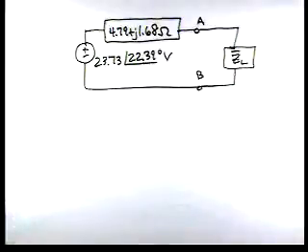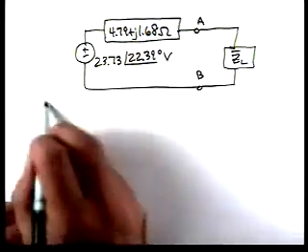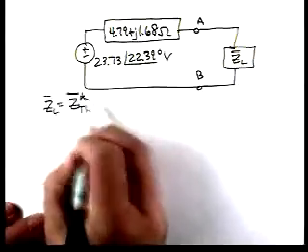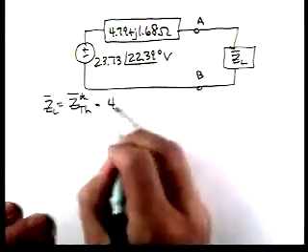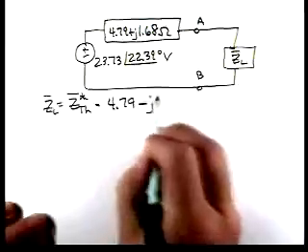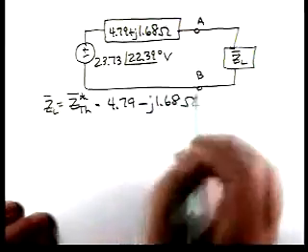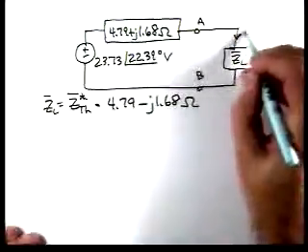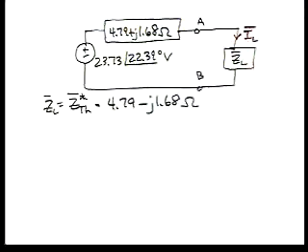If you look back at our problem-solving strategy, it says ZL should be equal to Z Thevenin conjugate. So it should be 4.79 minus j1.68. Now let's calculate the current IL.